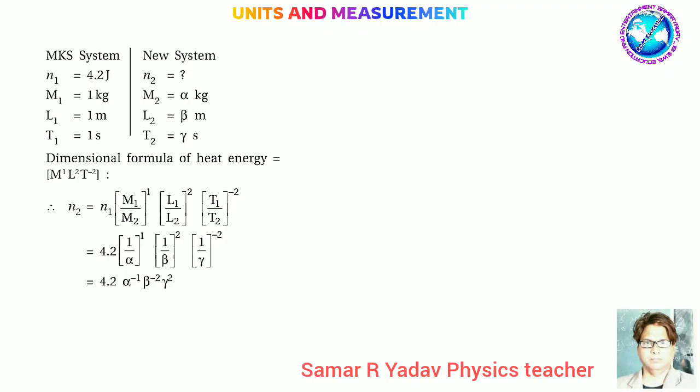Therefore, N2 = N1 [M1/M2]^1 [L1/L2]^2 [T1/T2]^-2 = 4.2 [1/alpha]^1 [1/beta]^2 [1/gamma]^-2 = 4.2 alpha^-1 beta^-2 gamma^2.